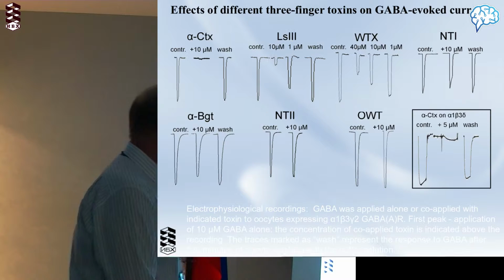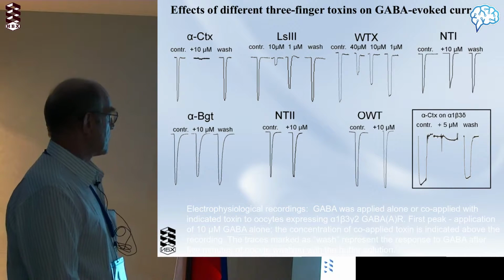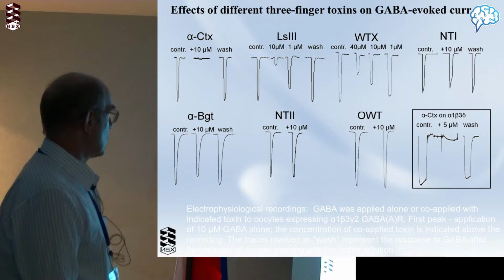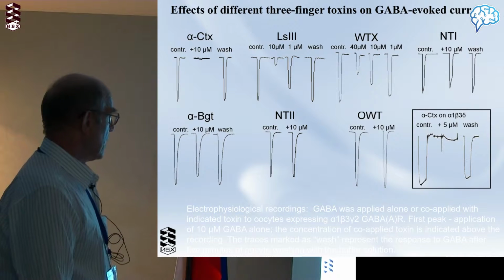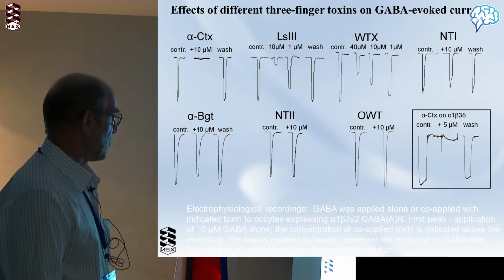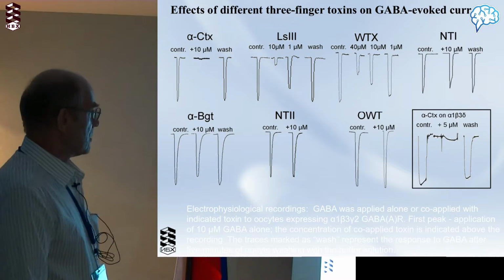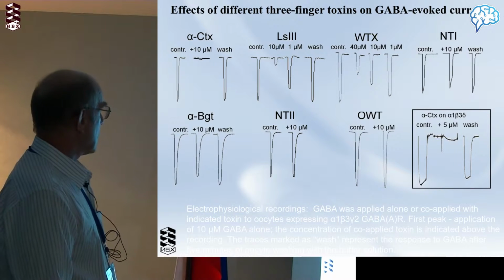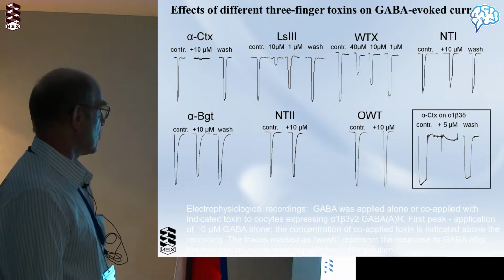This has been done, and Victor has shown this slide already, but I would like to say that these are electrophysiology traces of the current induced by GABA in oocytes expressing this particular subtype of GABA-A receptor, and the currents induced by GABA are blocked by different neurotoxins.